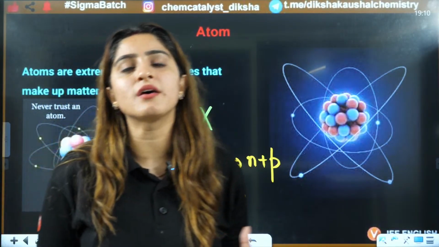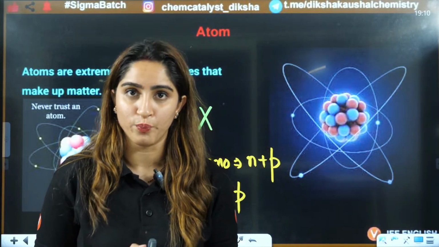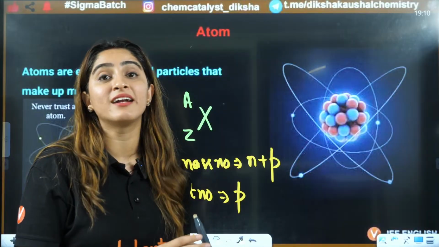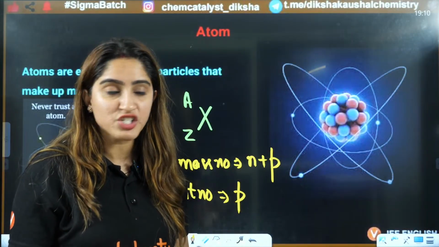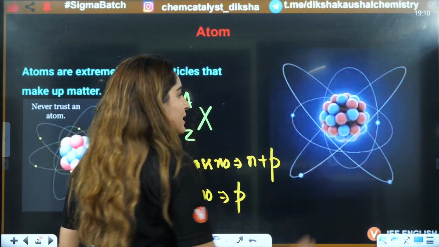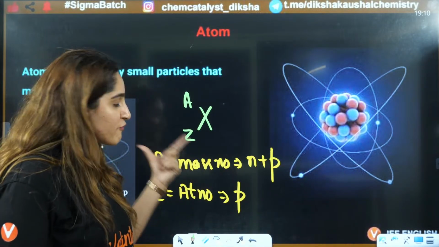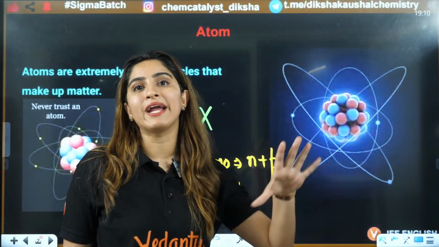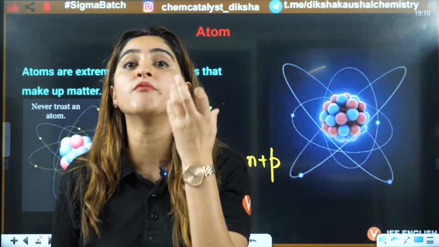Now the question arises, ma'am, why is it so? Don't worry, we are studying that in detail in our Sigma batch. But here, I'll tell you one simple thing. Beta, when you talk about mass number, mass is defined by those things which have some value.